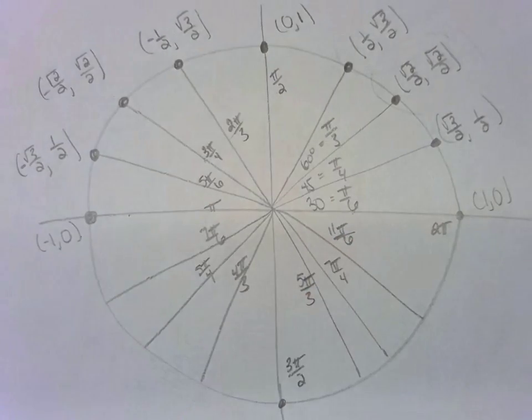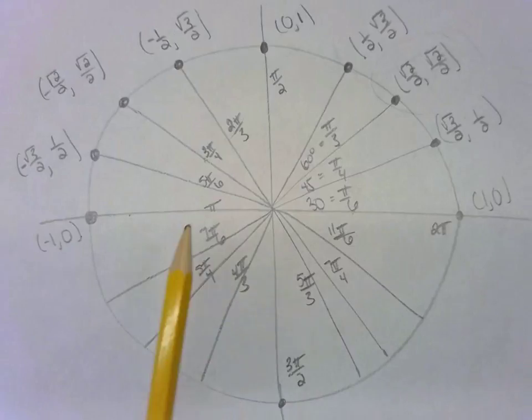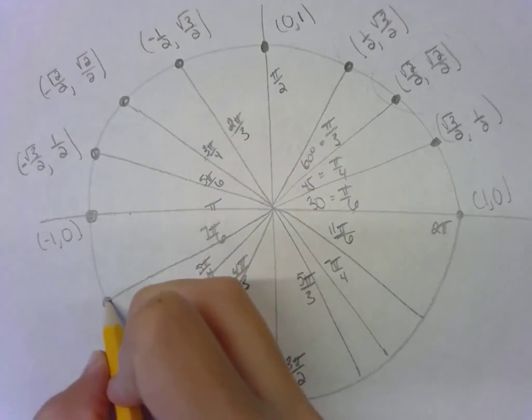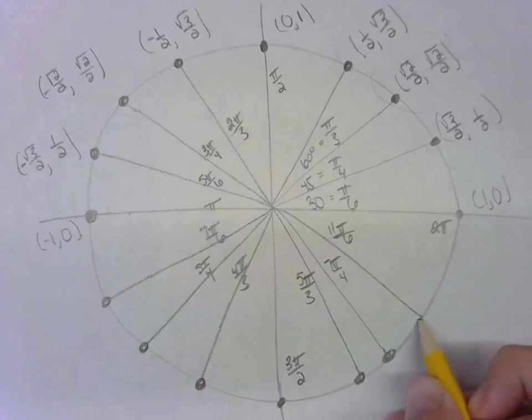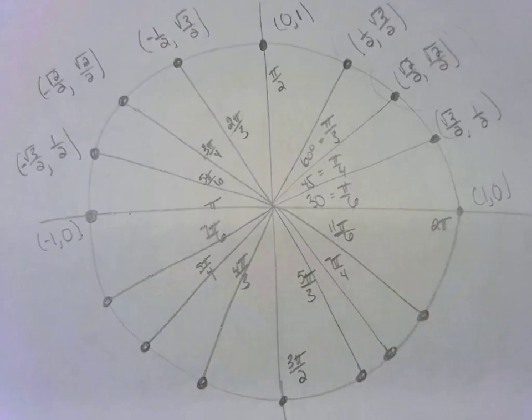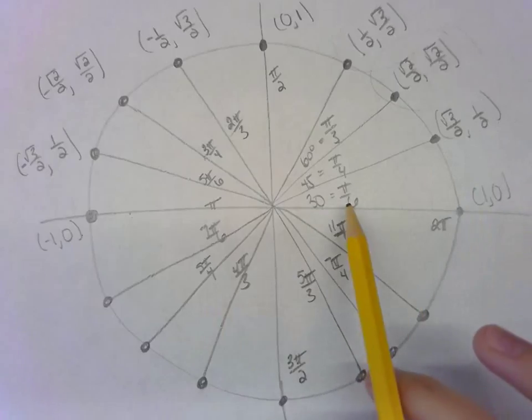Alright, let's go ahead and fill in the rest of these points. Over 6, we have the same denominator as pi over 6.